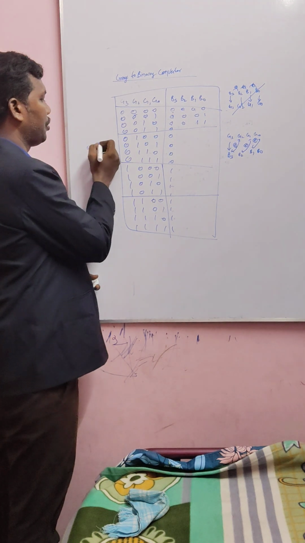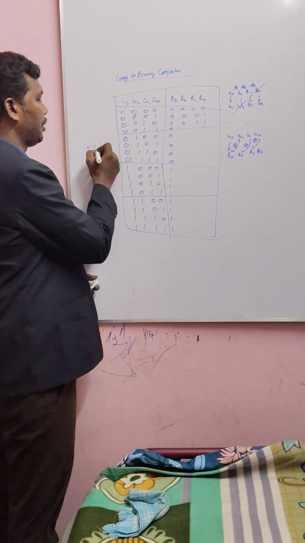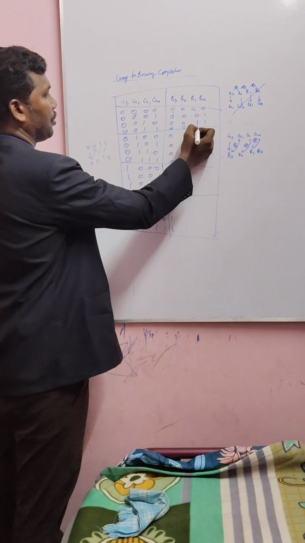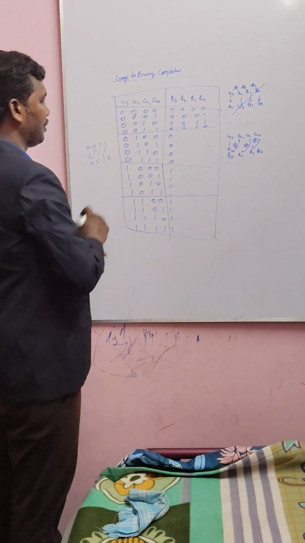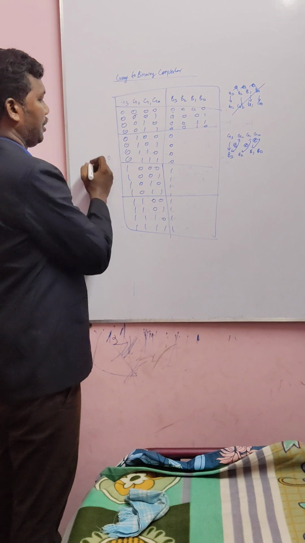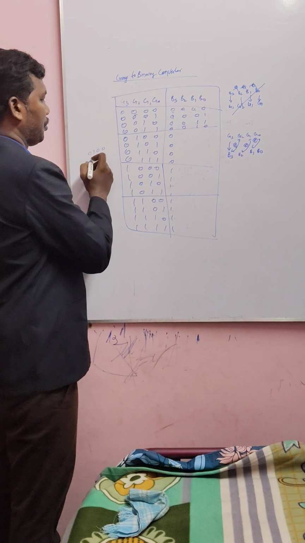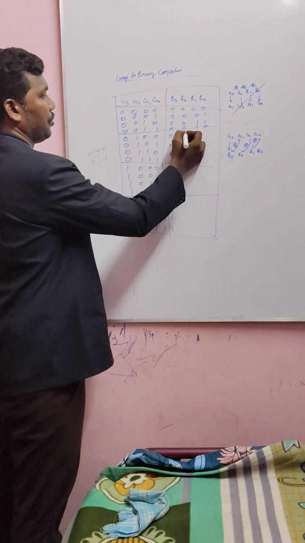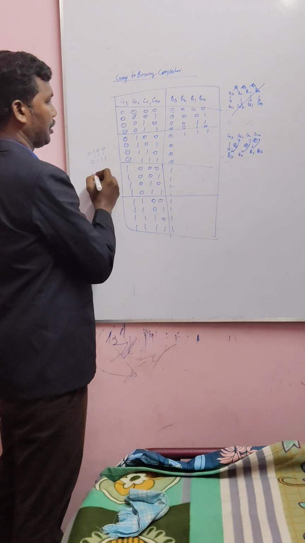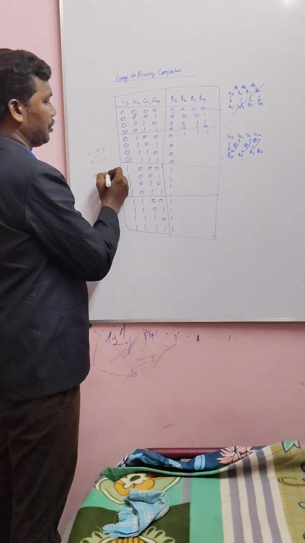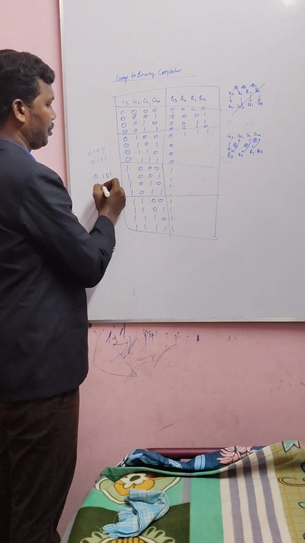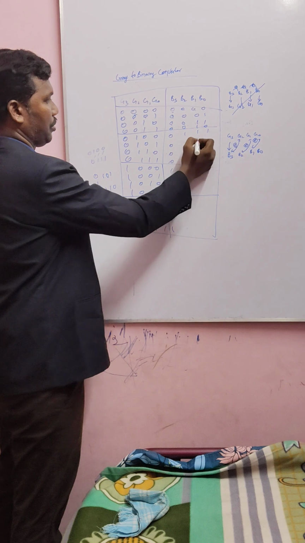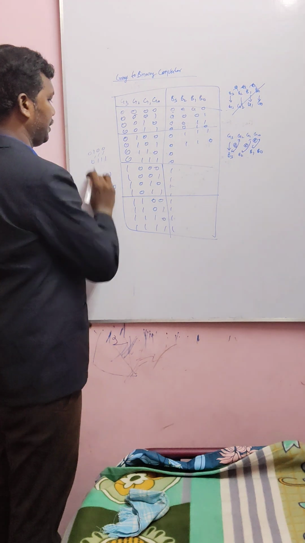Come to the next one, 0011. So the first is 0, this will be 0, this will be 1, and this will be 0, so the combination is 0010. Then 0100: 0 1 1 1, so 0111. Then the next one, 0101: this is 0110, so 0110.